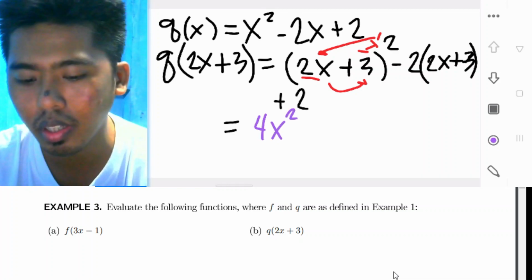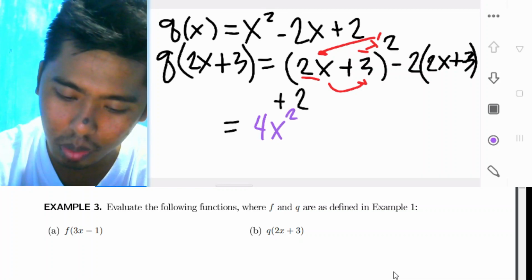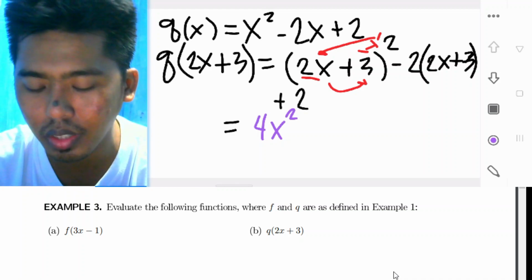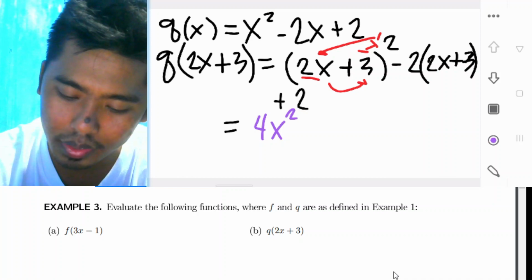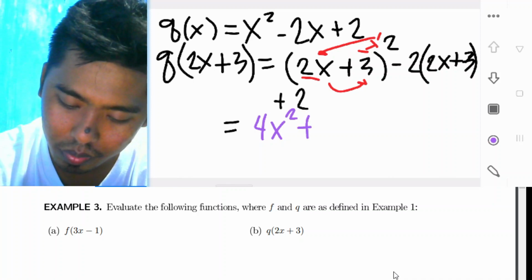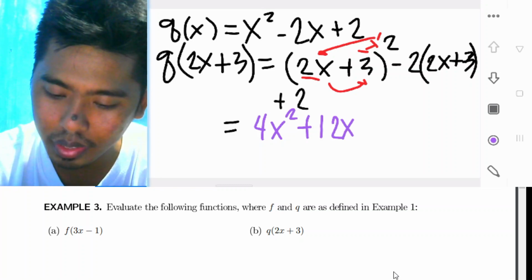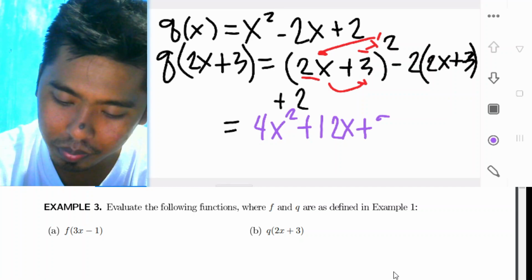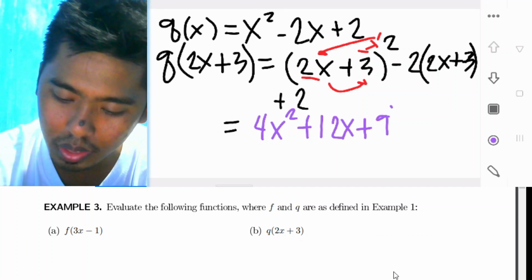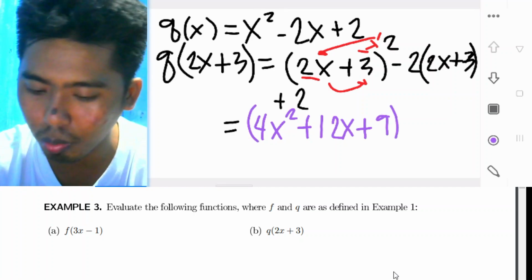Next, 2 times 2x, that would become 4x. 4x times 3, that would become 12x. Okay. Now next, 3 squared, that would become positive 9.